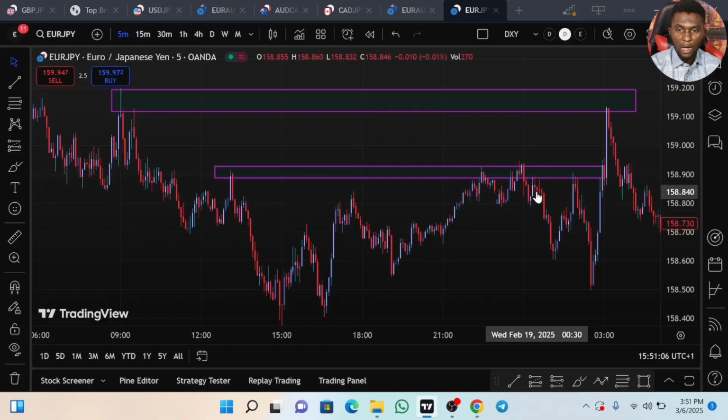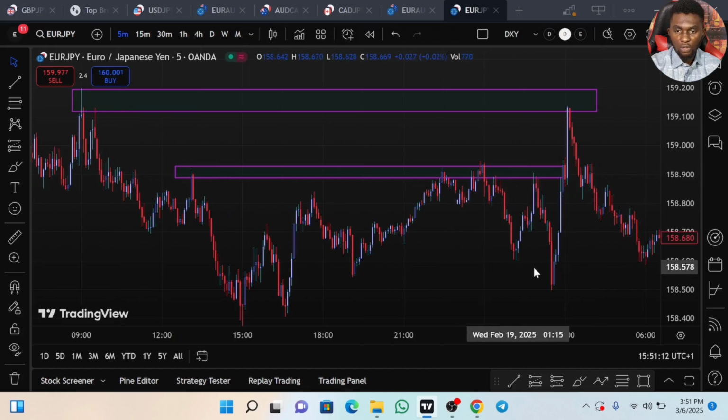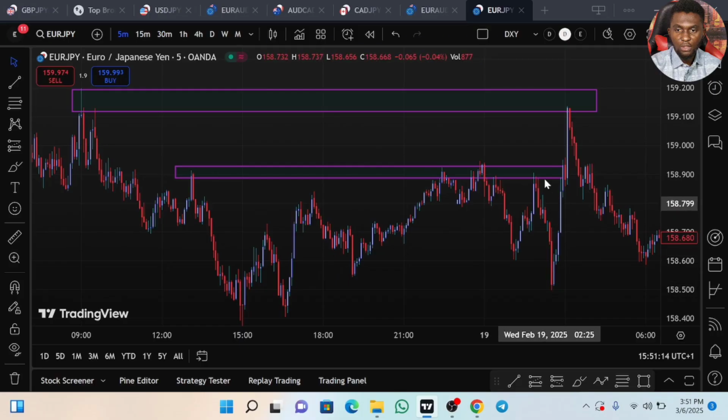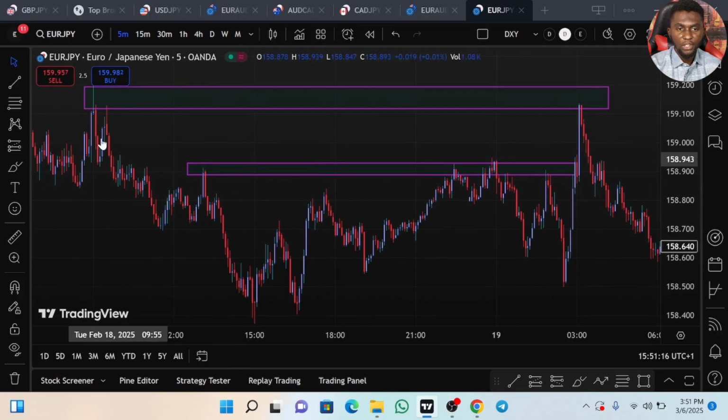supply zone, and you can see the market only created liquidity here. Why? Because you can see the market retraced all the way up to the initial supply zone, and by so doing it took out every stop. It took out all stop losses that was here, and after the market took out all the stop losses, look at what the market did.